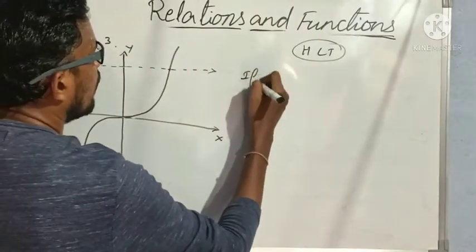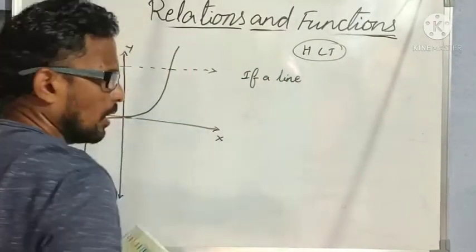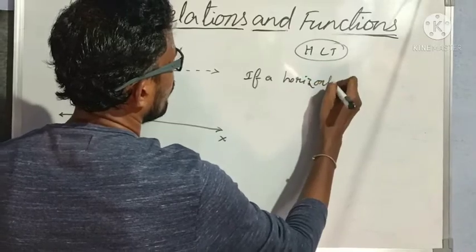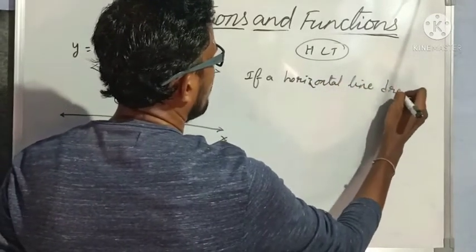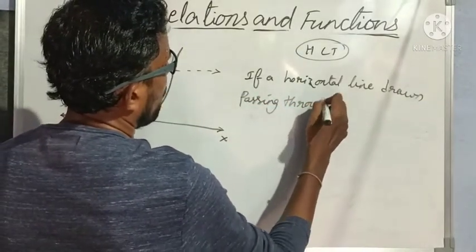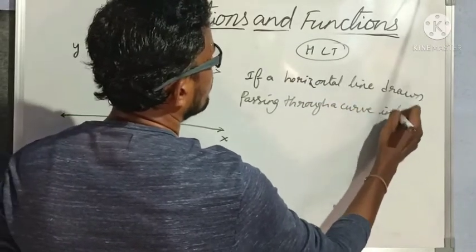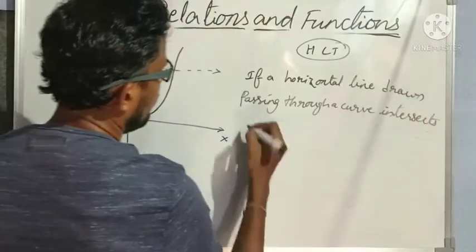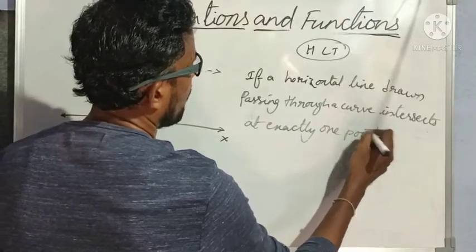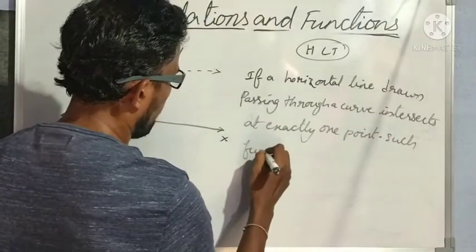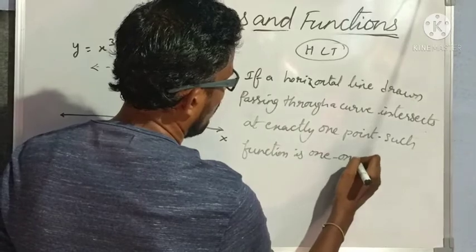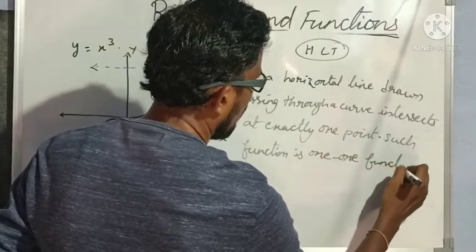So if a horizontal line drawn passing through a curve intersects at exactly 1 point, such a function is a one-one function.